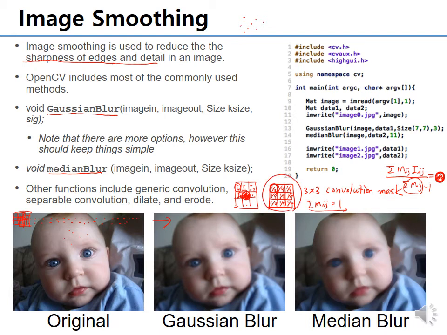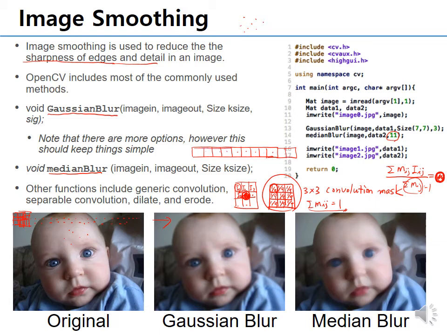Median blur is a little bit different. In this sample code, for example, they use 11 elements. They create a window of 11, which is quite big: one, two, three, four, five, 6, 7, 8, 9, 10, 11.